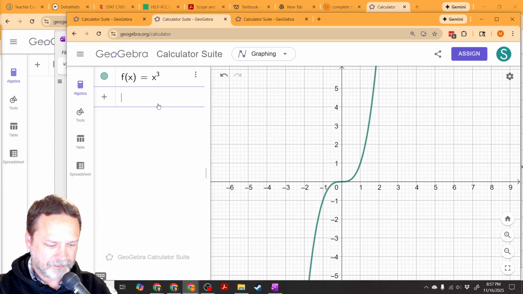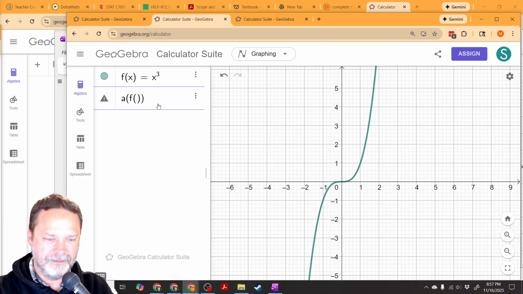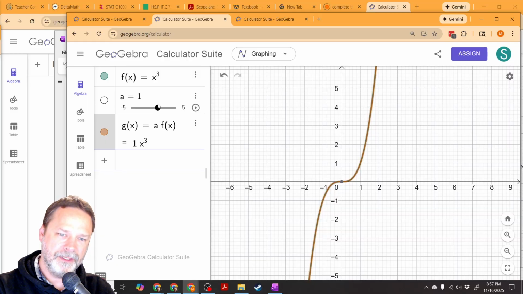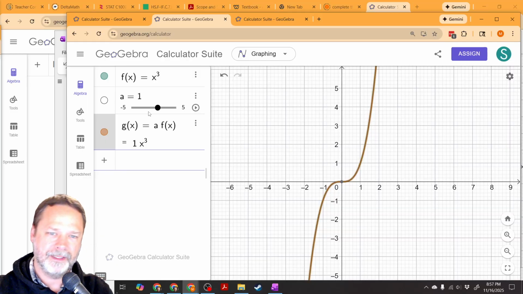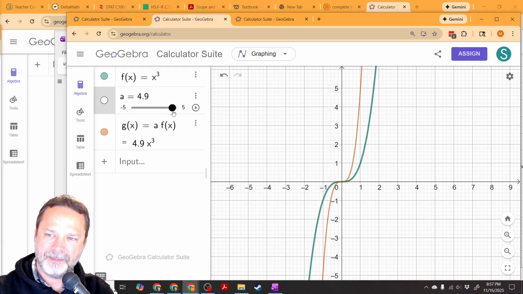Because we usually like to use a here, we'll say a times f of x. And there it is. We have g of x, our new a times f of x, and we got a little slider right here, so we can move this and see what happens.